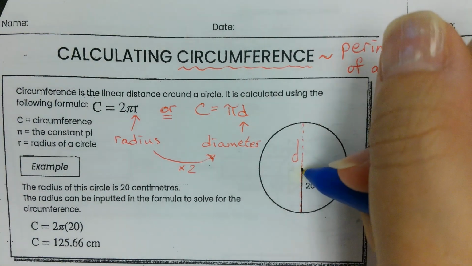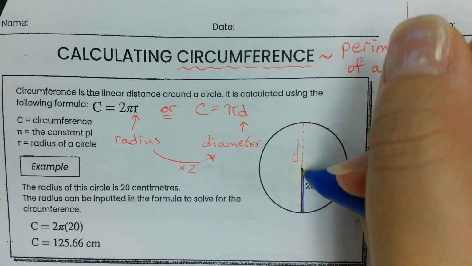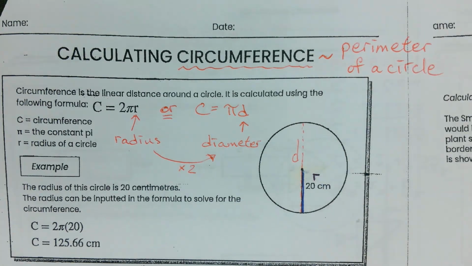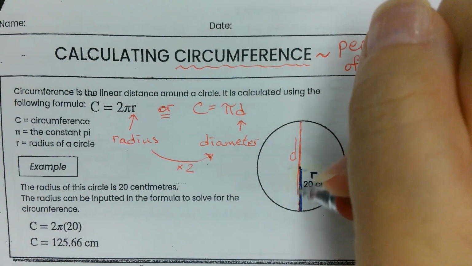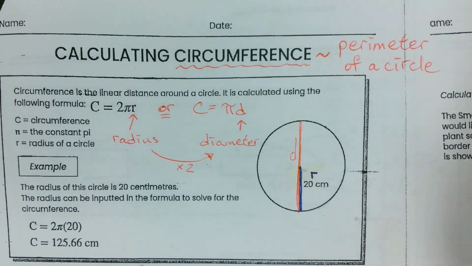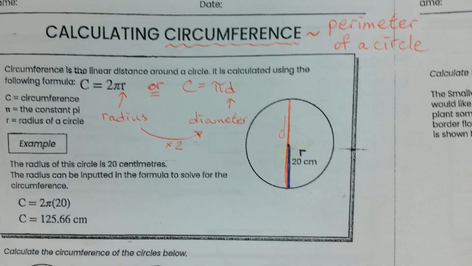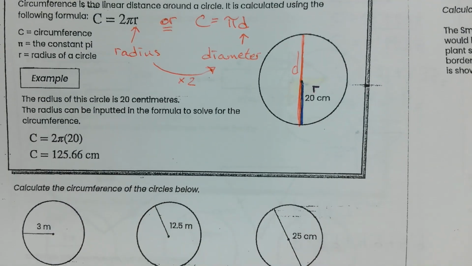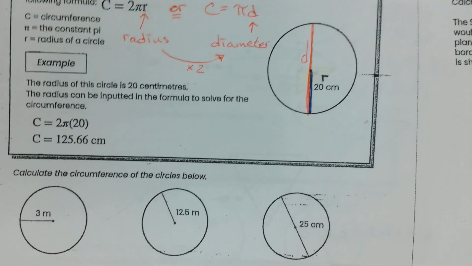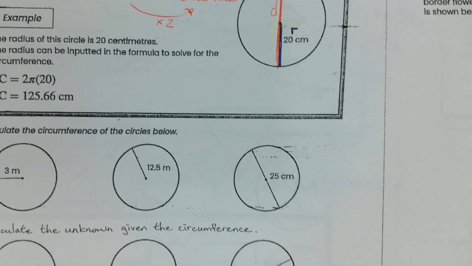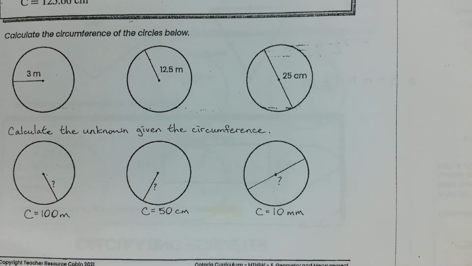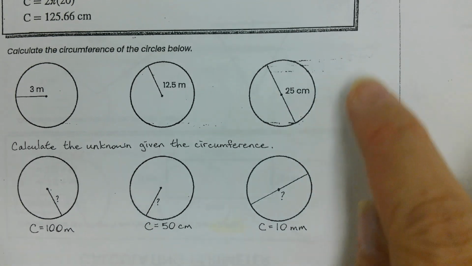Here, that's r, and then the whole distance here. There, I think that's more obvious. Yeah, there we go. That's d. Depending on what you're given, you need to know what you should use. Okay, so let's try this one then.